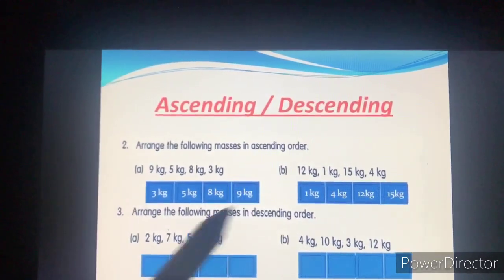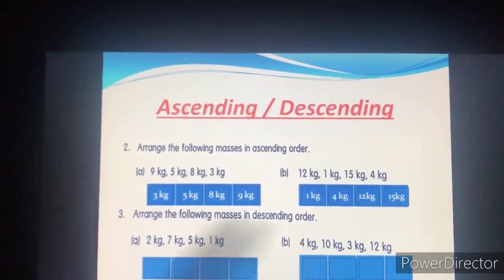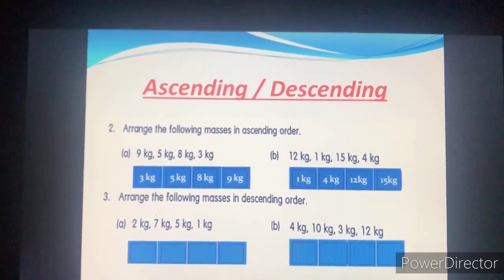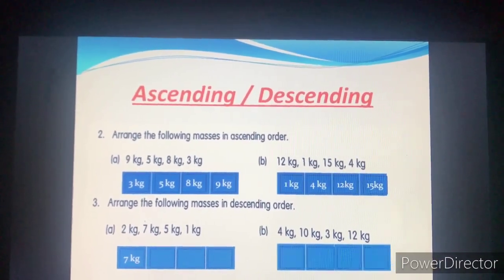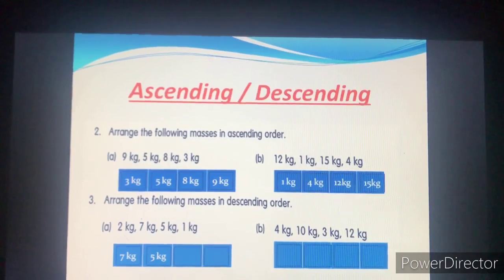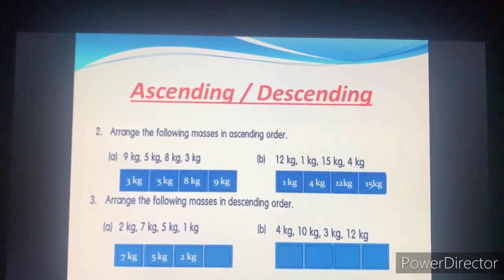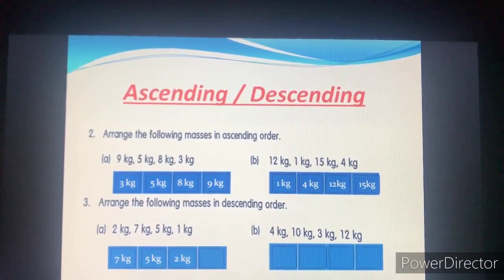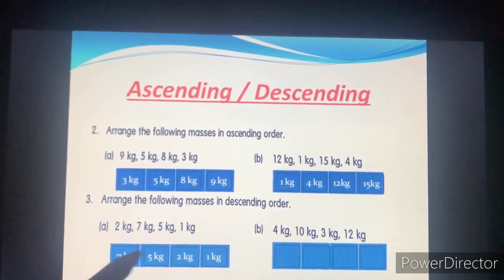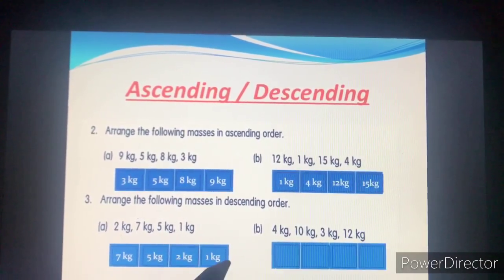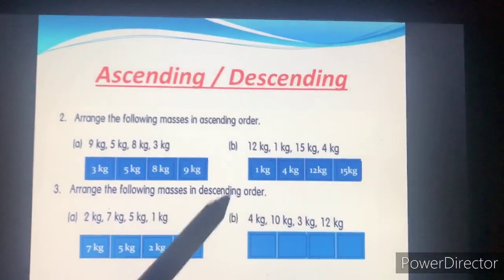See which digit is higher or greater among them? Yes. Good. It is 7 kg. What about next? Yes, 5 kg. After that, 2 kg. And then finally, 1 kg. So it becomes 7 kg, 5 kg, 2 kg and 1 kg. It's a descending order.